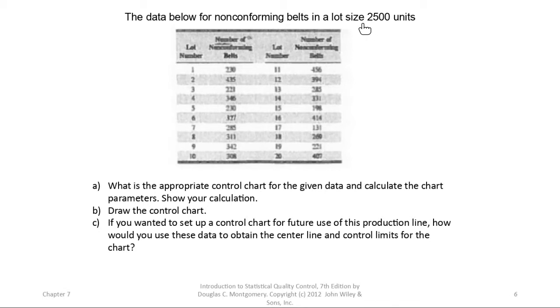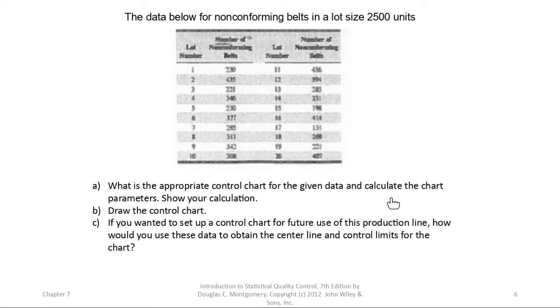The P chart, as I said, shows more details, but using the NP is also not wrong in this problem. So what is the appropriate control chart? First, identify the type of data, and then make your selection for either P or NP. Both will show you the same results in terms of visual interpretation of the data.